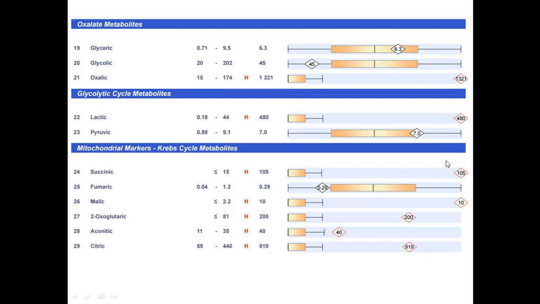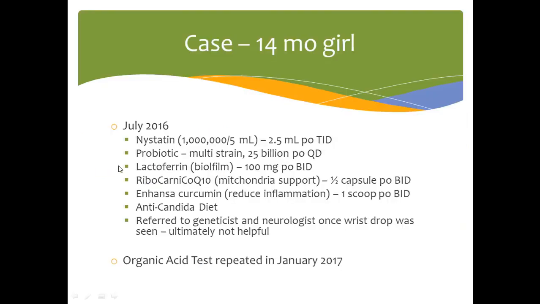Succinic acid was elevated, malic acid. She had mitochondrial dysfunction, right? So not only was she experiencing a thiamine deficiency, there were also signs of riboflavin deficiency and probably many others. I'm not going to go into great detail on the whole organic acid test here. But basically I knew that we had to get in there and get that candida out.